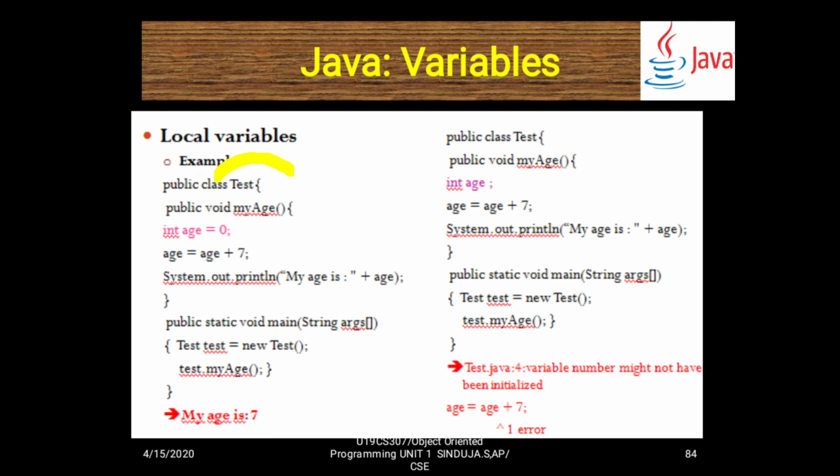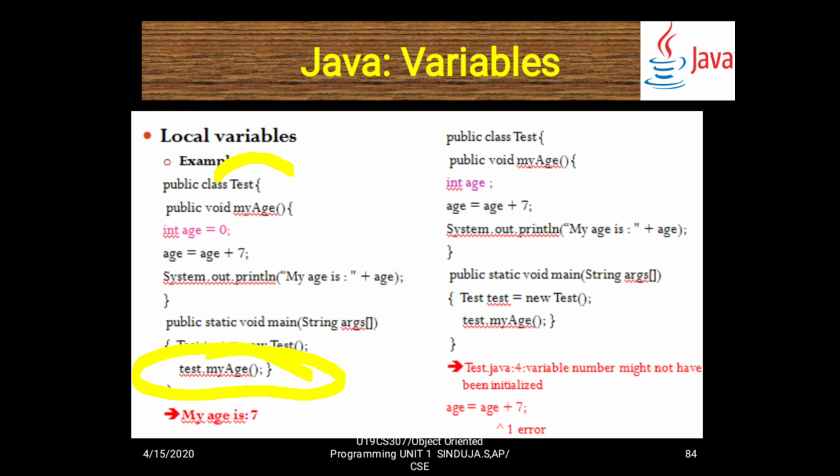If I taught directly you couldn't understand, but you have to know what this new keyword means. New is an operator for creating instance variables. So test dot my age, object dot a method call. This is how you need to call your methods.